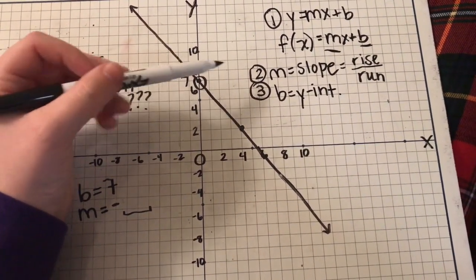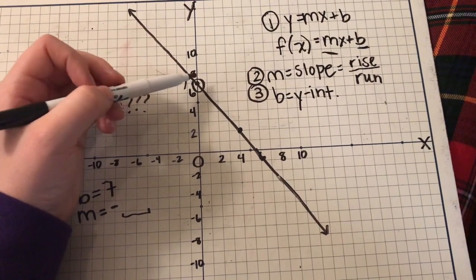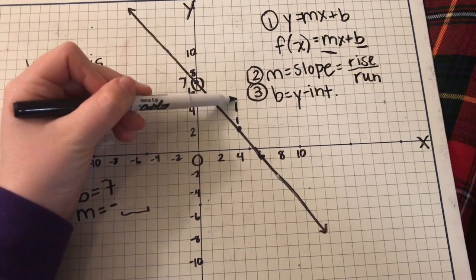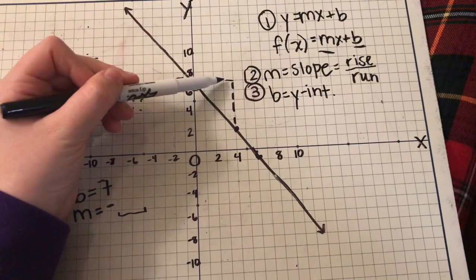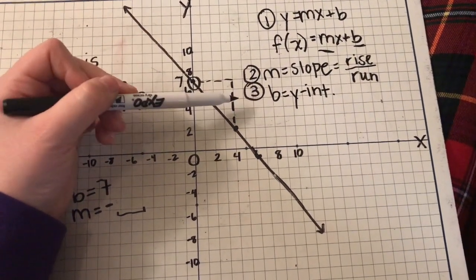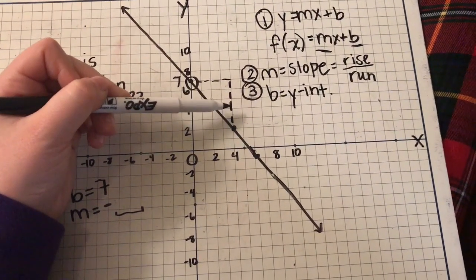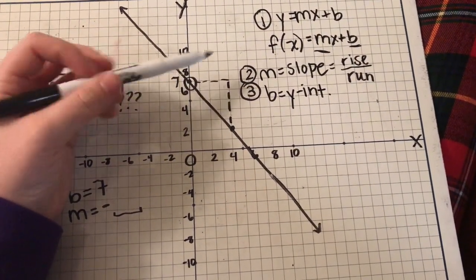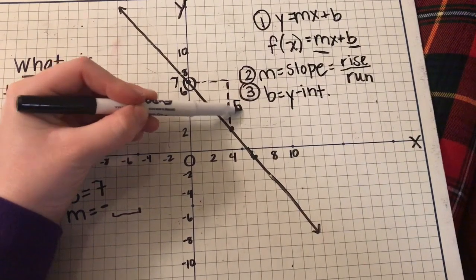So I can just count the vertical change and the horizontal change. Make a little triangle. Our vertical change is 1, 2, 3, 4, 5. From 2 to 7, our vertical change is 5.